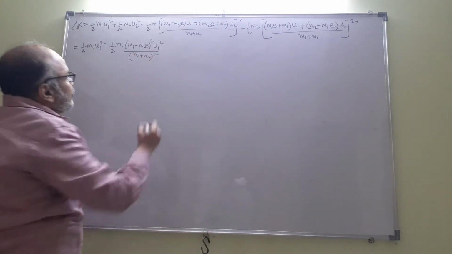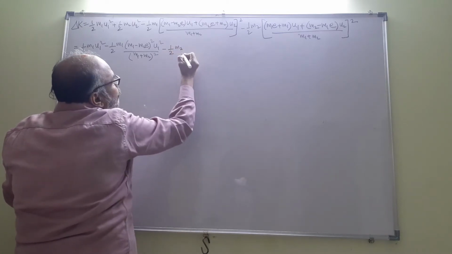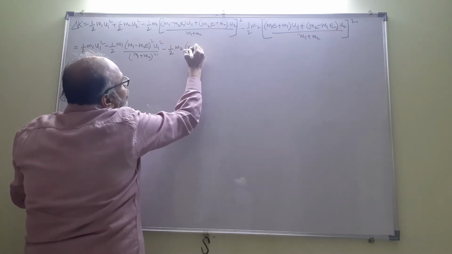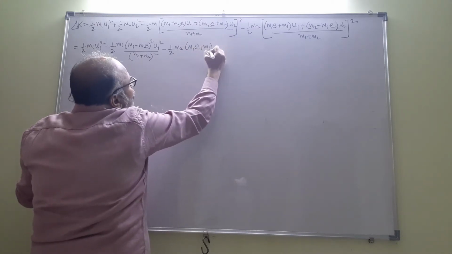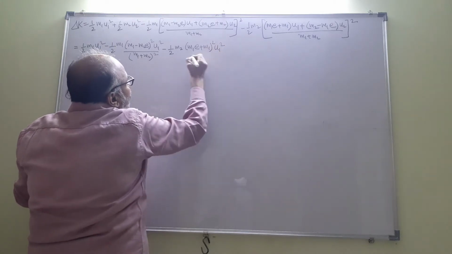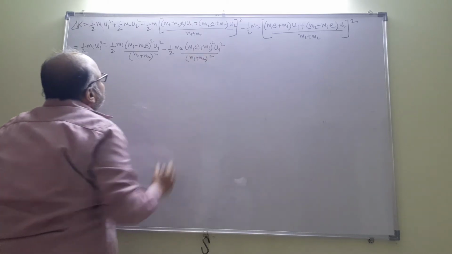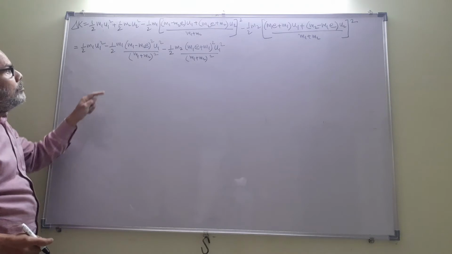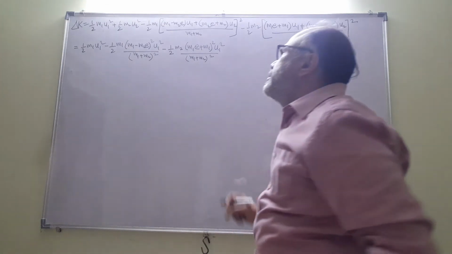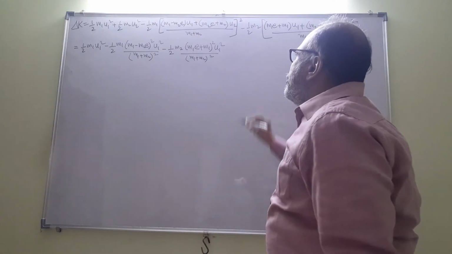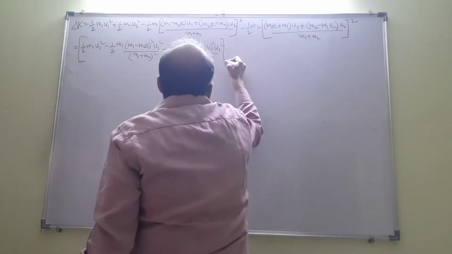There will be one more term, that will be minus half m2, and you will have (m1 e plus m1) the whole squared, u1 squared by (m1 plus m2) the whole squared. So this is the u1 squared term.